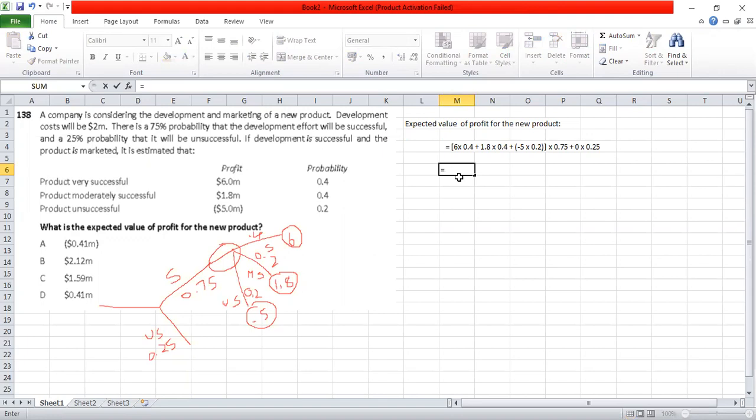It is equal to 6 into 0.4 plus 1.8 into 0.4 plus minus 5 into 0.2, into 0.75, plus 0 into 0.25.